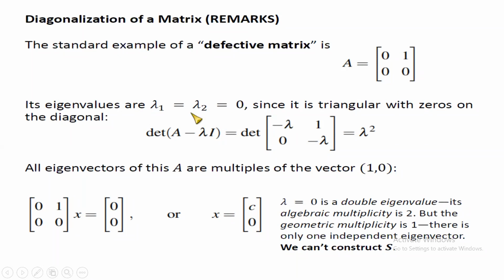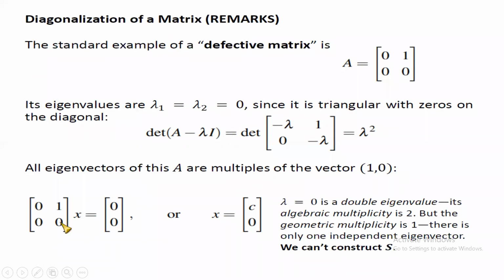Since it's triangular, with zeros on the diagonal, we will have this, and hence we'll get this value. So all eigenvectors of this A are multiples of [1, 0]. Having found the eigenvalues, you can easily find the eigenvectors: all the eigenvectors of this A are multiples of the vector [1, 0].